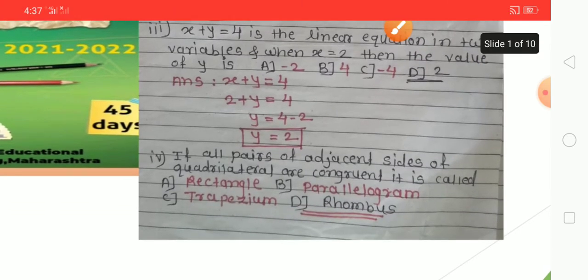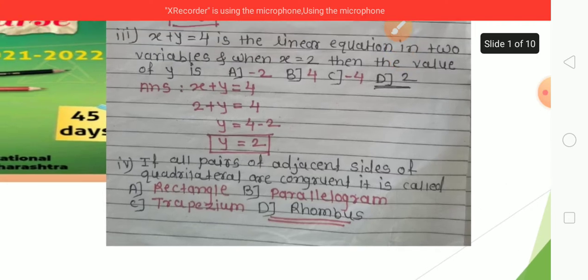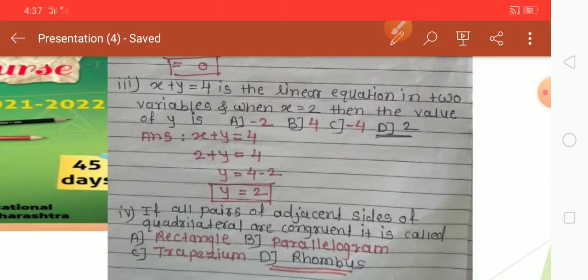Then question number 4: if all the pairs of adjacent sides of a quadrilateral are congruent, then it is called as? See here, in a rectangle, the opposite sides are congruent to each other, not the adjacent sides. In a parallelogram, opposite sides are congruent to each other; their adjacent sides are not congruent.